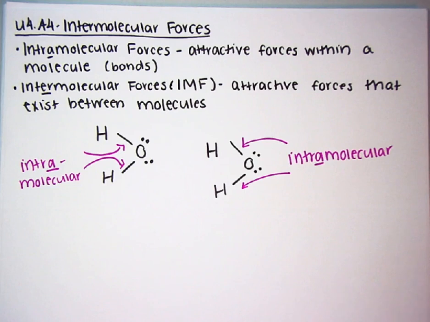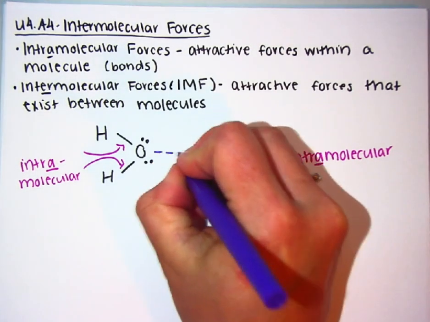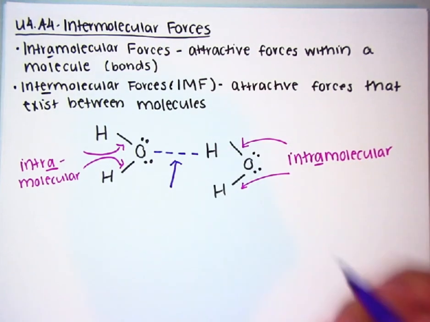Well, if I have a beaker of water, there are tons of water molecules in that beaker, and those water molecules are being held together by something called an intermolecular force.